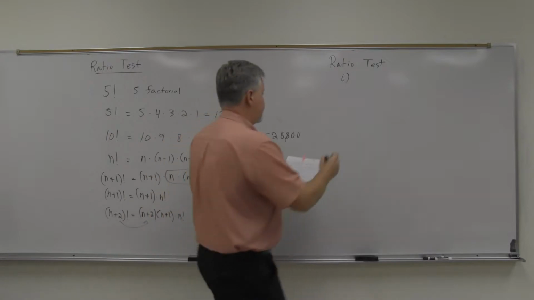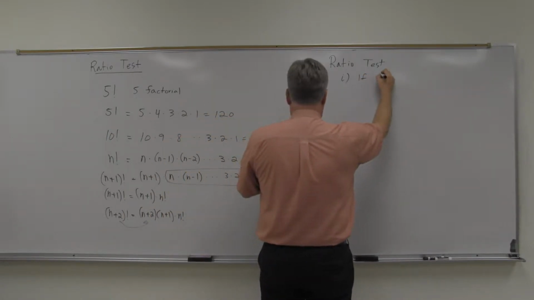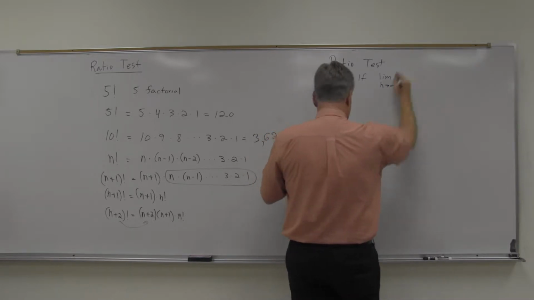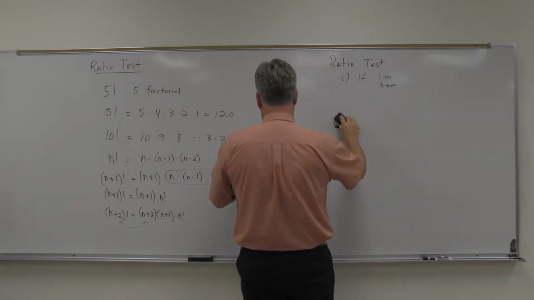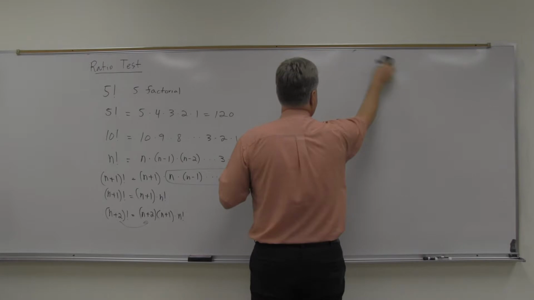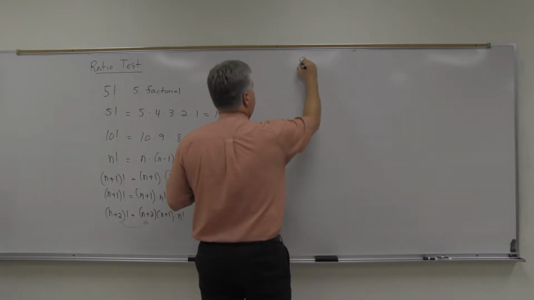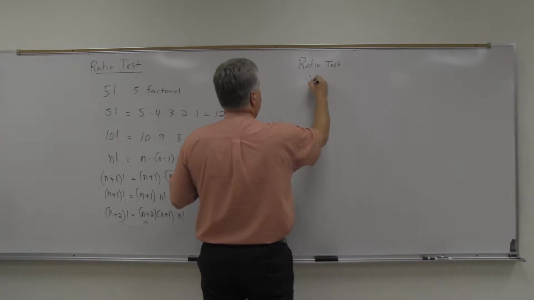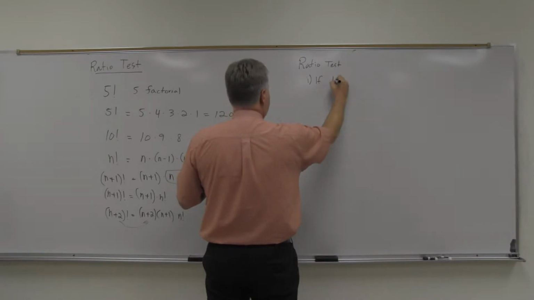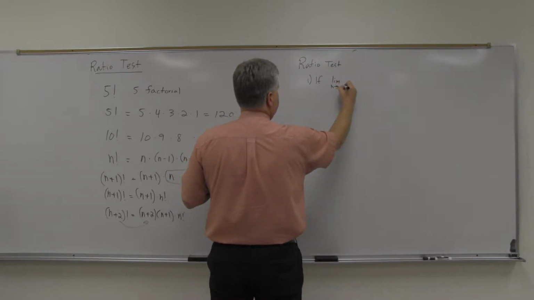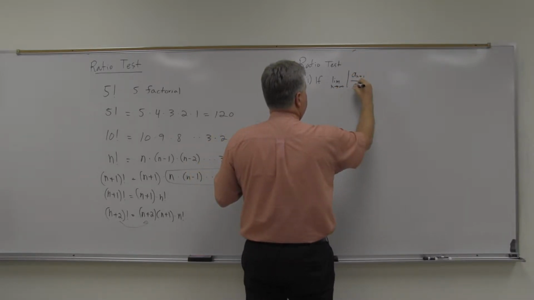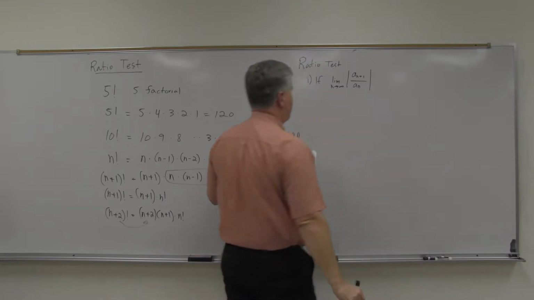So I is if the limit as n goes to infinity of the absolute value of a sub n plus 1 over a sub n.